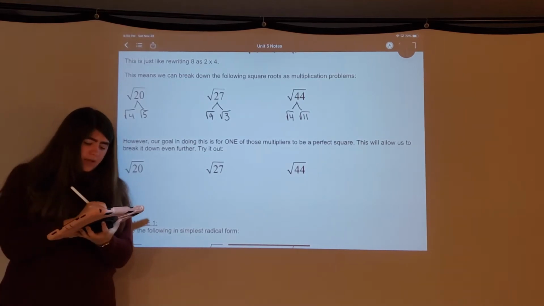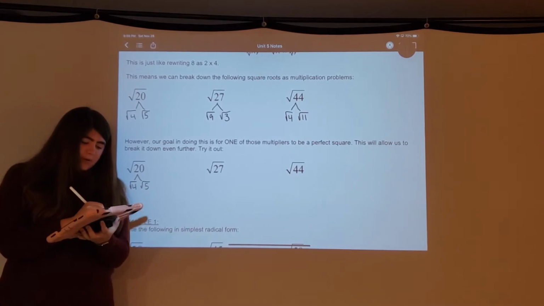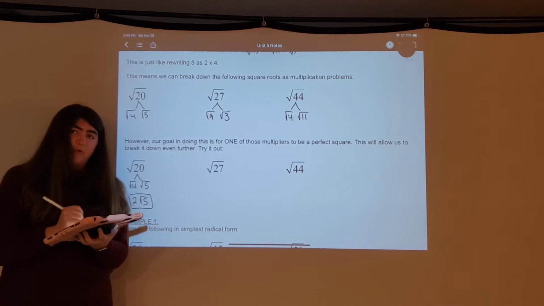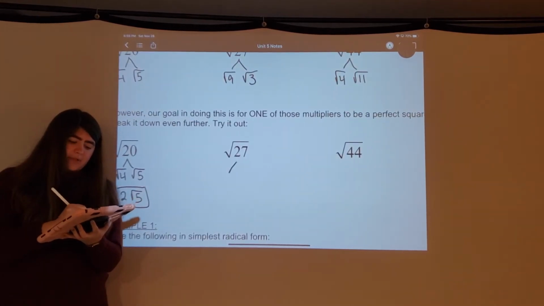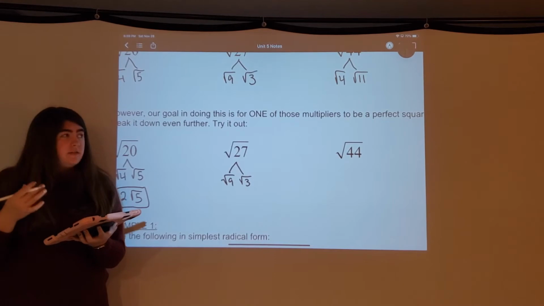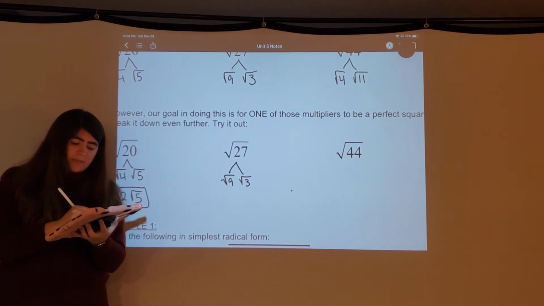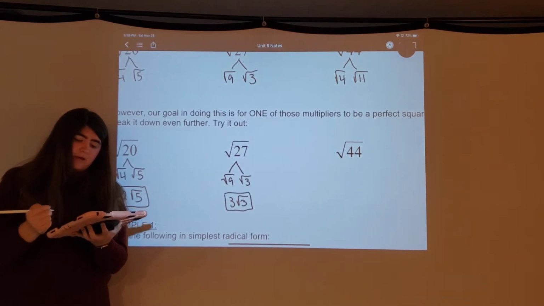So for 20, I have this split into the square root of 4 times the square root of 5, and the square root of 4 breaks down to 2, so I have 2 square roots of 5, and that is simplest radical form. So for 27, I have this split into the square root of 9 and the square root of 3. The square root of 9 is again a perfect square, so that breaks down into 3 square roots of 3, and that is simplest radical form.